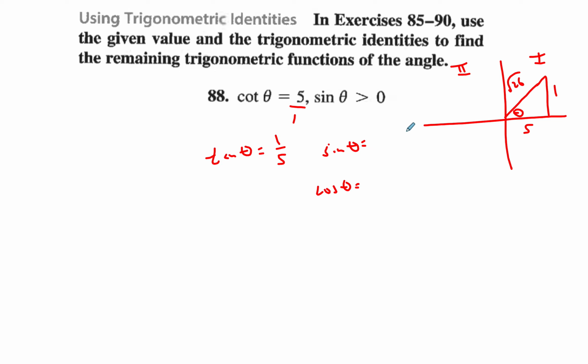That's going to be 1 over root 26, or root 26 over 26. 5 over root 26, or 5 root 26 over 26. And that means that the cosecant would just be root 26. And the secant would be root 26 over 5.